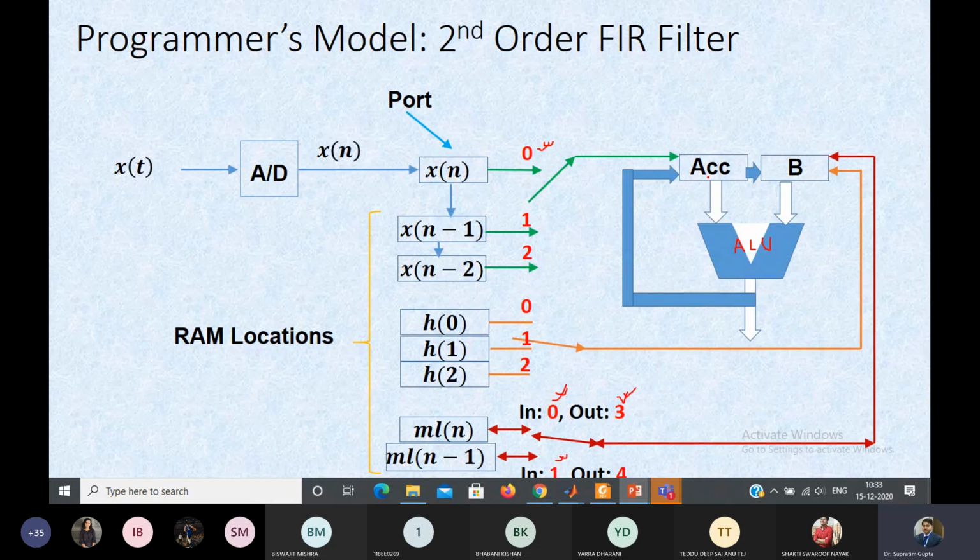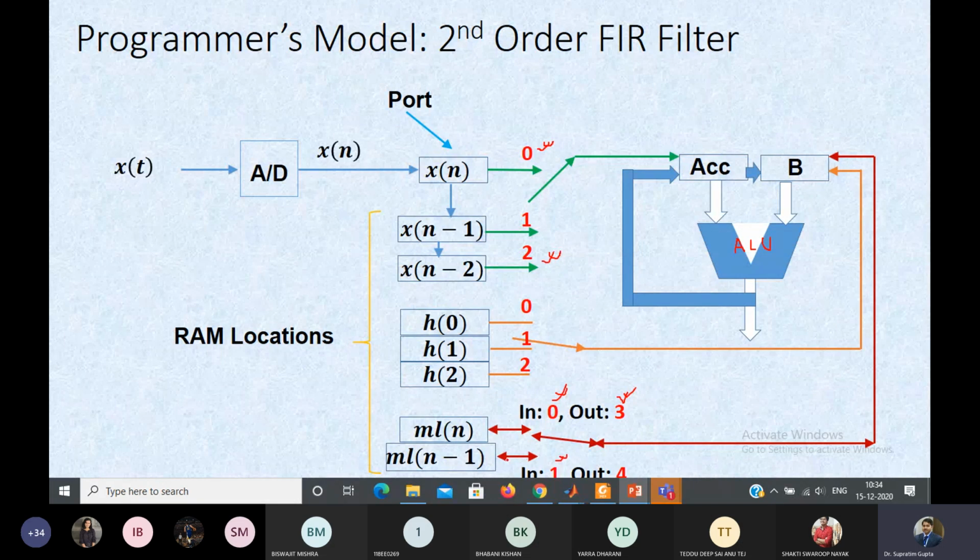Now the result of the multiplication of xn minus 2 into h2 will be available in the accumulator. So we take the output of the first one and add this. This third activity is addition between this last multiplication and the first multiplication.